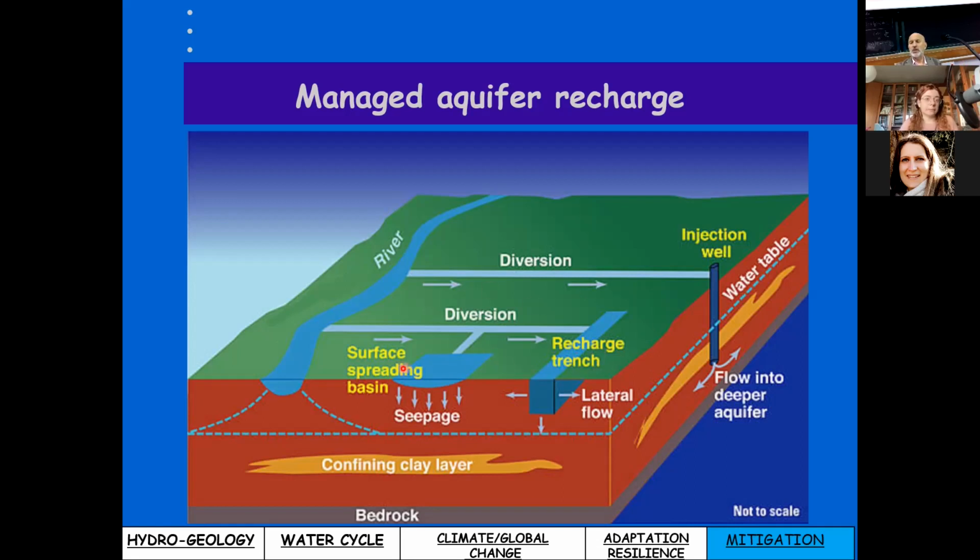These two approaches, the surface spreading basin and the recharge trench, are good for shallow aquifers, so aquifers very near to the ground surface. But you can use another approach in order to reinject water down deep into deeper aquifers by injection wells. In this example, you use wells like boreholes, like holes, where you inject the water coming from this diversion canal and you recharge the aquifer below.